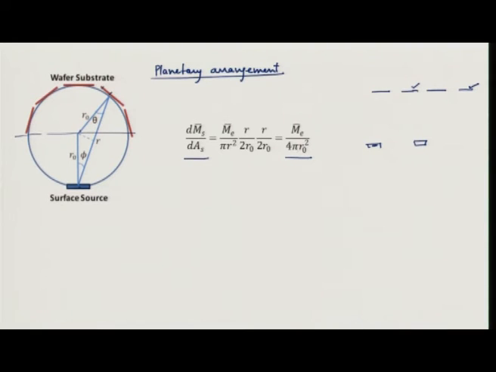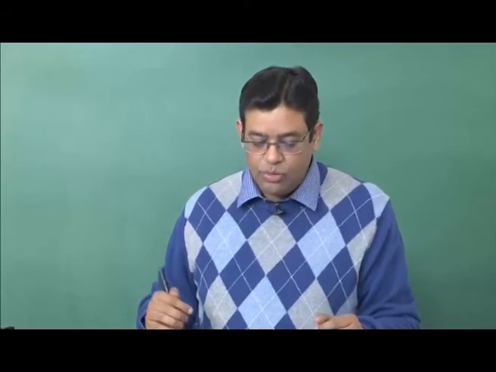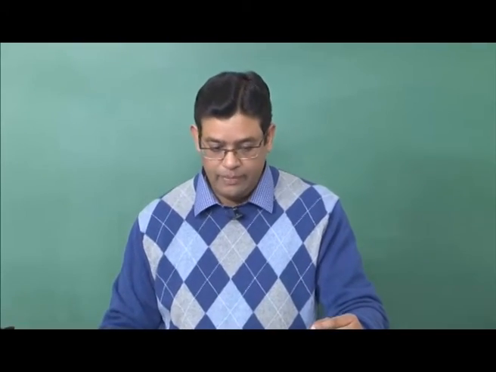R0 is fixed for all the wafers. This distance is R0, this distance is R0. So, all the wafers would have the same deposition per unit area. So, you can solve this non-uniformity issue for lab scale equipment, but still you cannot use very large substrates. You can use a large number of substrates in this way, but not very large substrates. So, we will come to that issue in a while.